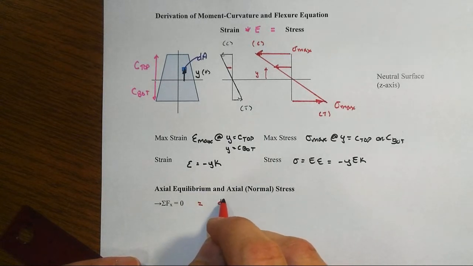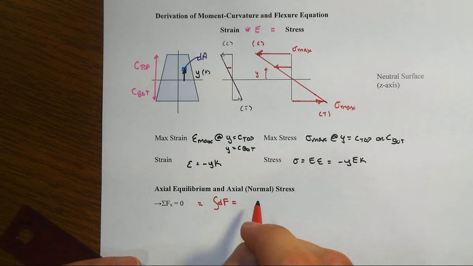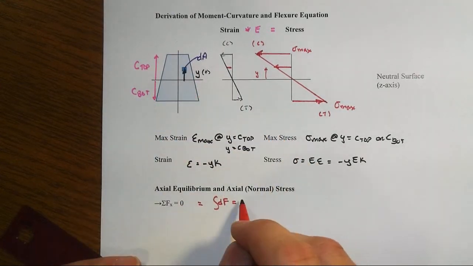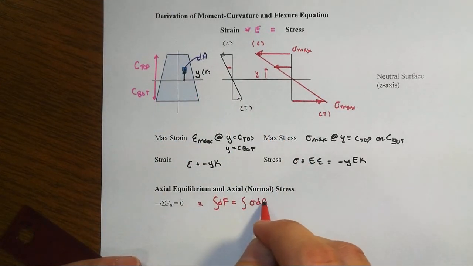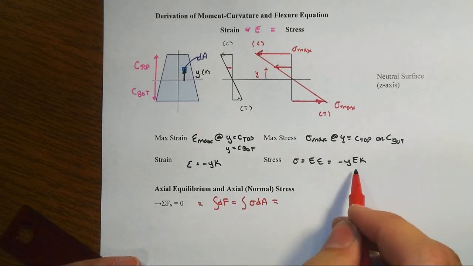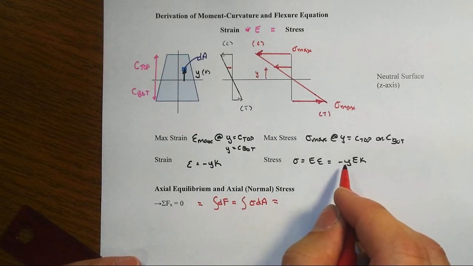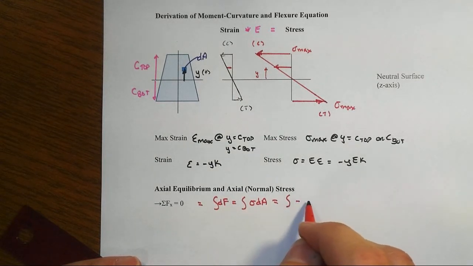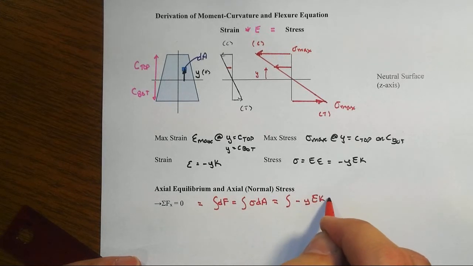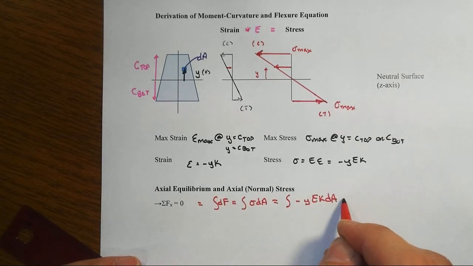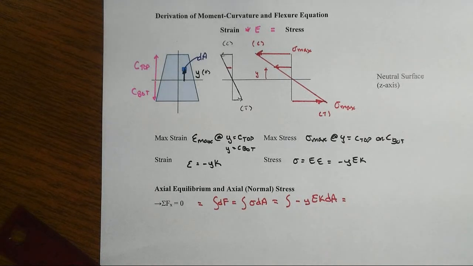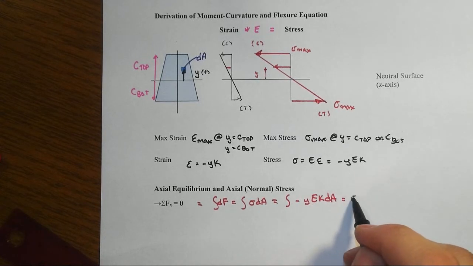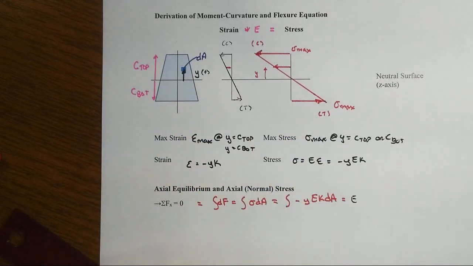The differential force that we're going to sum up, all the little sigma times dAs, then we can plug in here that, okay, our stress is equal to minus y E kappa times dA. Right? Now, if we have homogeneous material, it means the same material throughout without any variation in its properties, then the E is a constant across this cross-section and can be taken away.